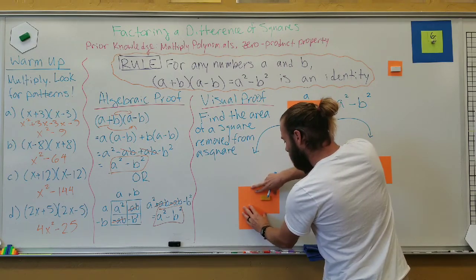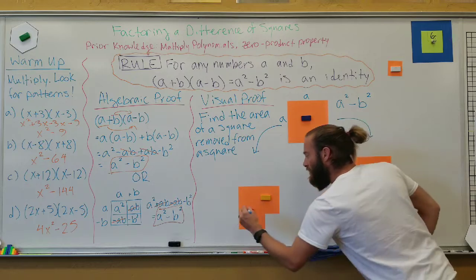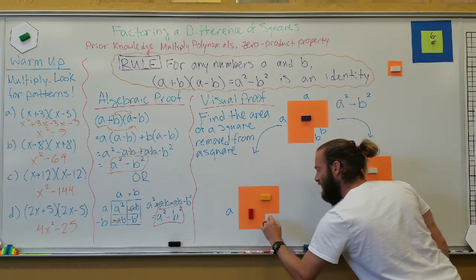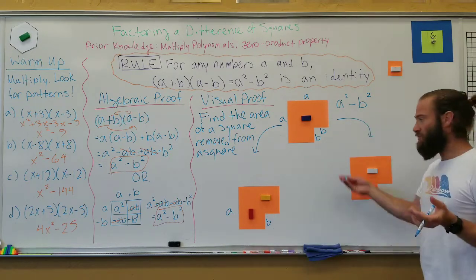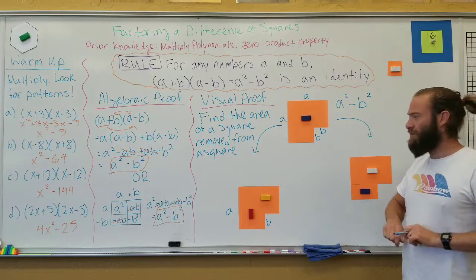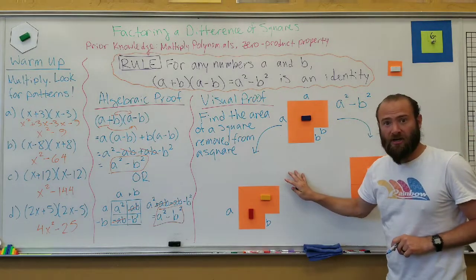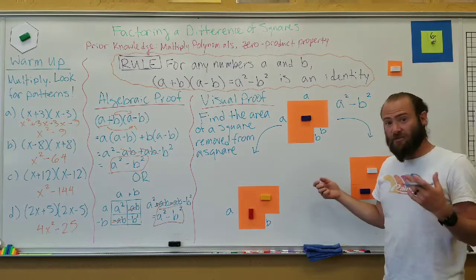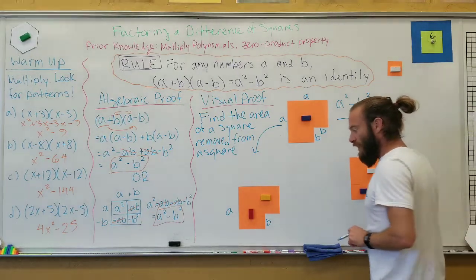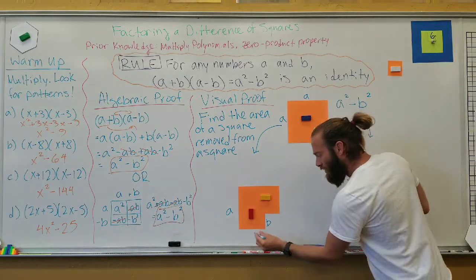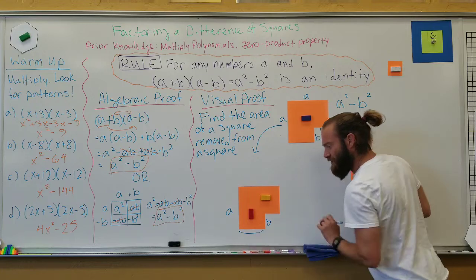I'm going to move this a little bit down here. I think you all agree with me that this still has side length a and this still has side length b. We haven't changed the shape, because we're trying to show that the way we did it here and the way we do it here, even if they're different, the areas must be equal. Well, what is this length right here?